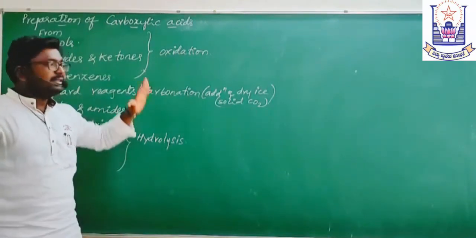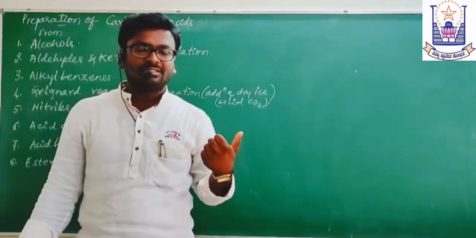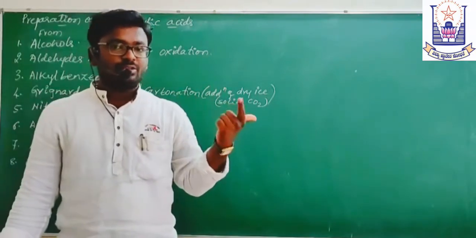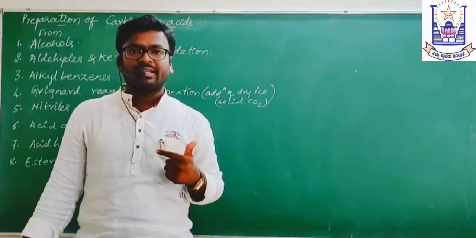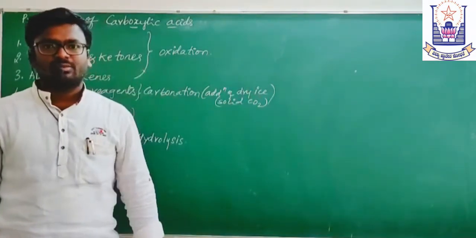Other than this, oxidation of the alkenes by Koch reaction and oxidation of the methyl ketones, that is the haloform test that we have discussed in the aldehydes and ketones part, will give carboxylic acids.